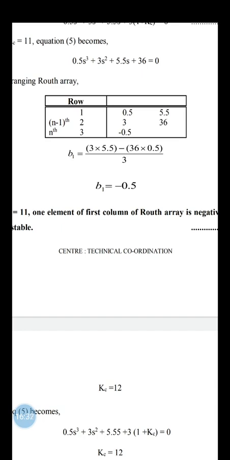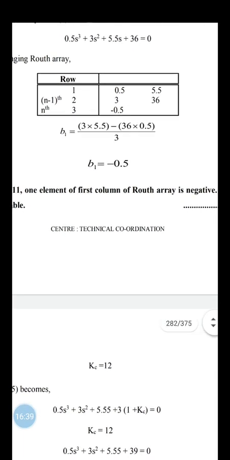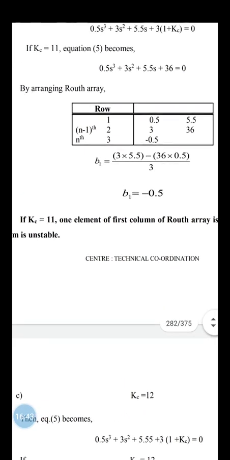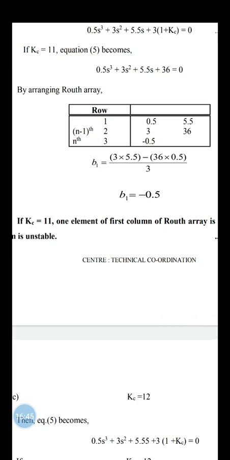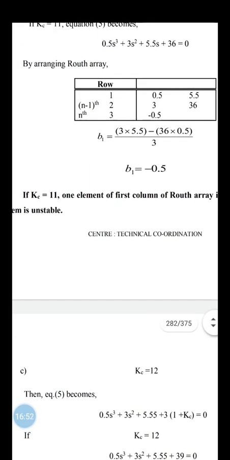Cross multiplication: 3 into 5.5 minus 36 into 0.5, upon 3. You can find b1 is equal to 0.5. Means what? If Kc is equal to 11, one element of the first column of the Routh array is negative, therefore the system is unstable.